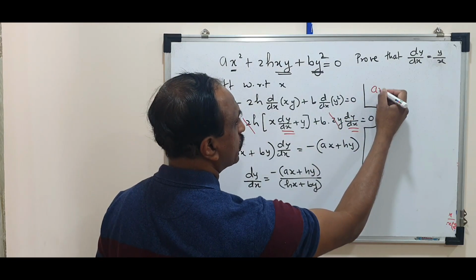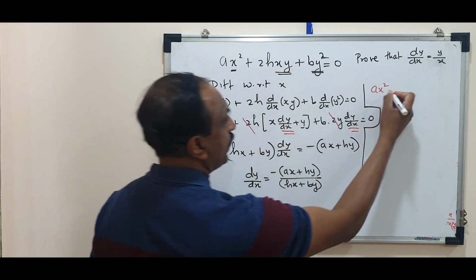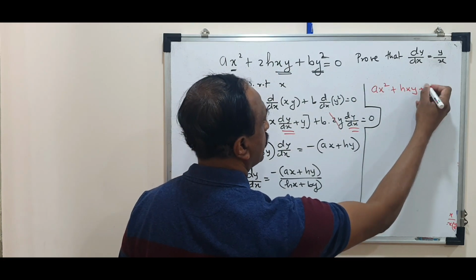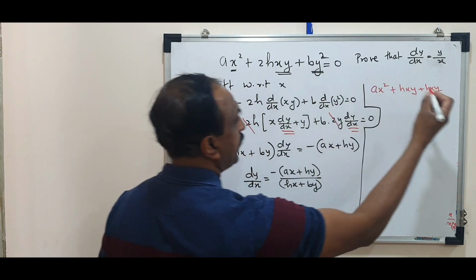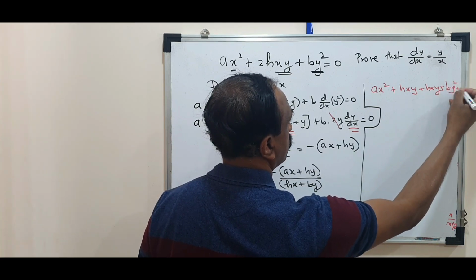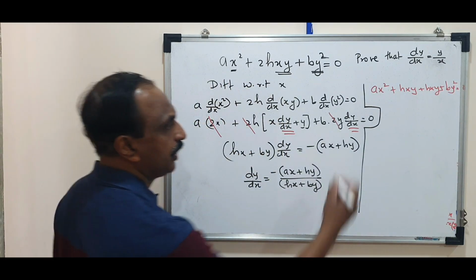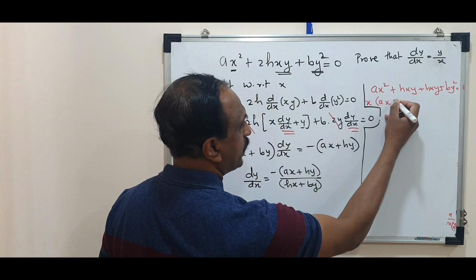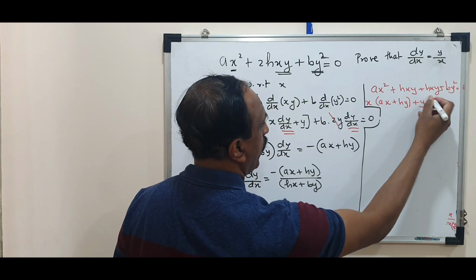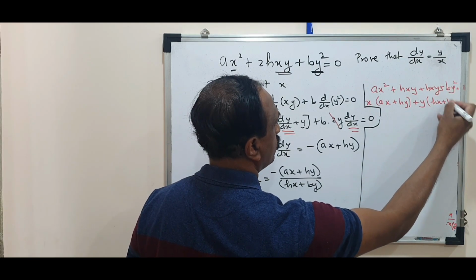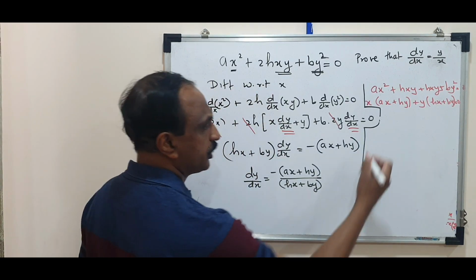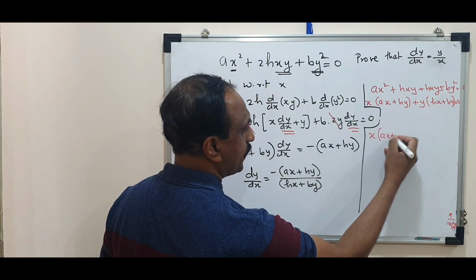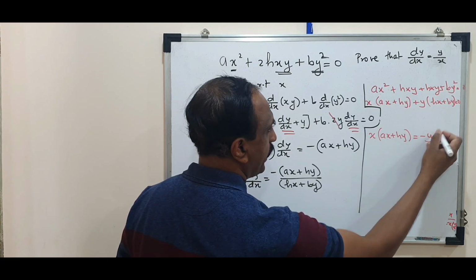I take ax square plus 2hxy, I'll split it as hxy plus hxy, and then I take by square equal to 0. If you take x common, ax plus hy, and if you take y common, hx plus by, equal to 0. So I can write x into (ax plus hy) is minus y into (hx plus by).